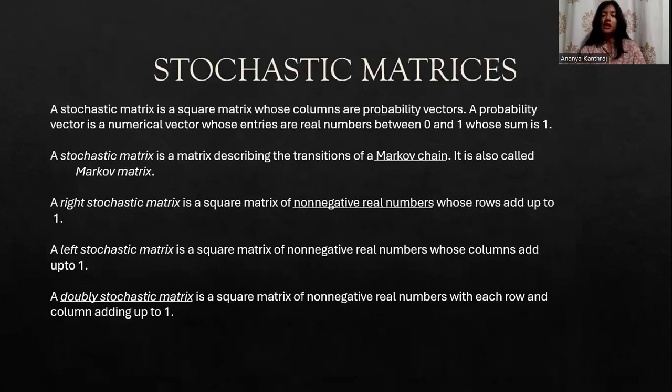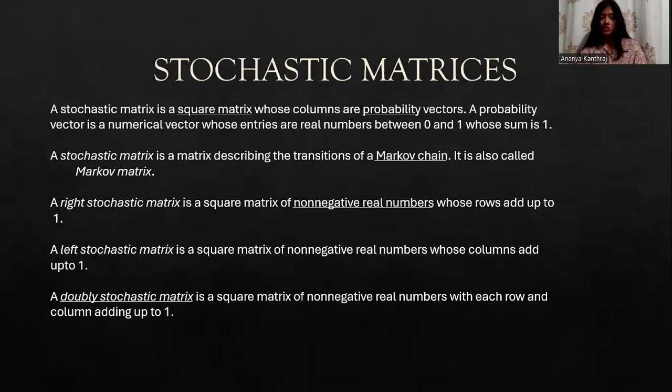So let us look at the main concept, which is the stochastic matrices. A stochastic matrix is a square matrix whose columns are probability vectors. A probability vector is a numerical vector whose entries are real numbers between 0 and 1 and whose sum is 1.